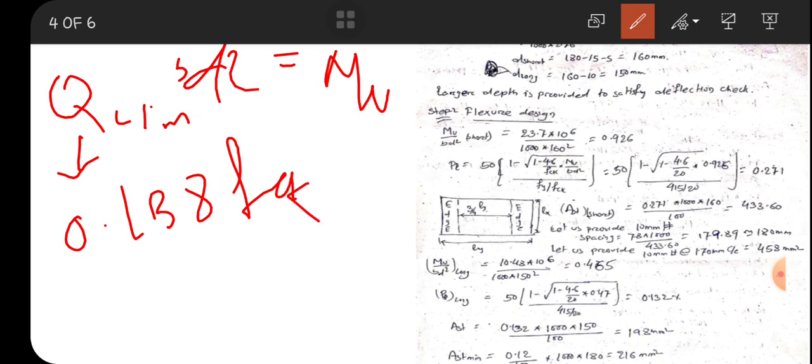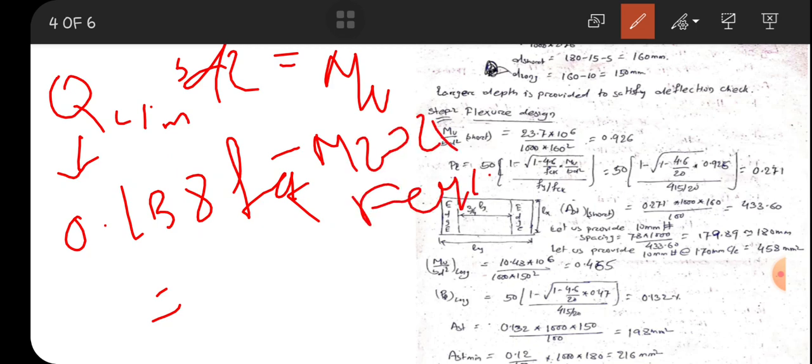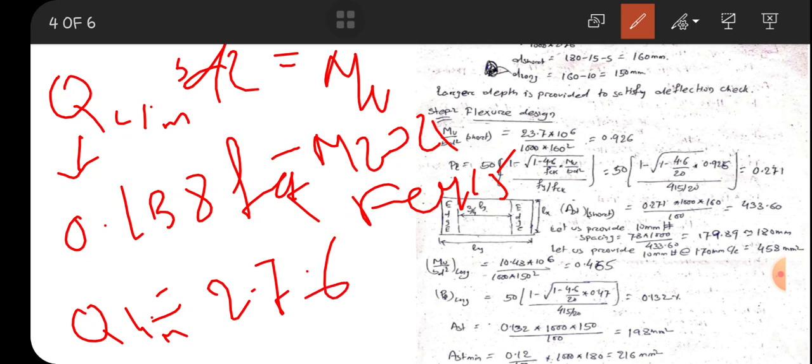From that, for material M20 grade and Fe415, Q lim will be 2.76.